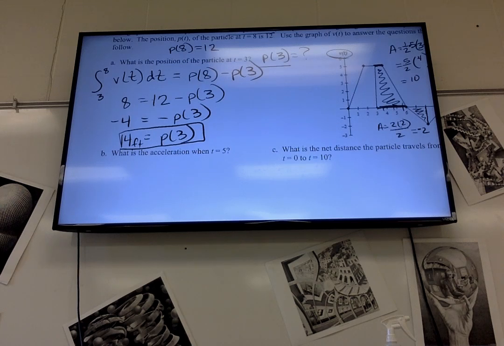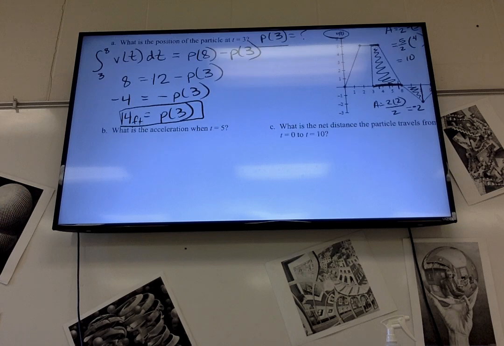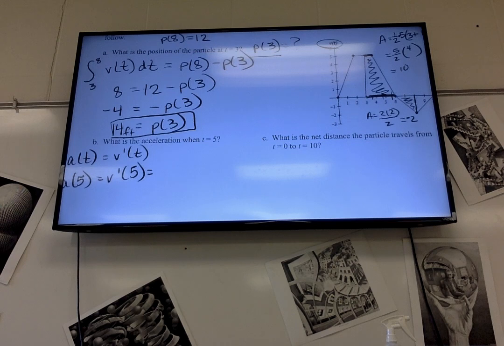Acceleration when t equals 5. How do you go from velocity to acceleration? You do a derivative. A normal derivative. Oh, it'd be the slope of this, wouldn't it? So we're trying to find 5, yes. So A of 5 is V prime of 5, which would just be slope. It's down 5 over 1.